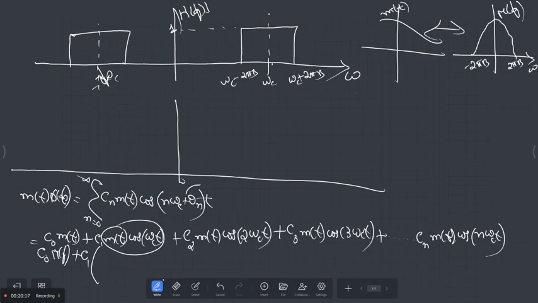M of f. Okay, I'll go for omega, not f. This is M of omega, because everything is in omega. Fine. Now, what is the spectrum of the next term? M of omega minus omega c plus M of omega plus omega c. Yes or no?